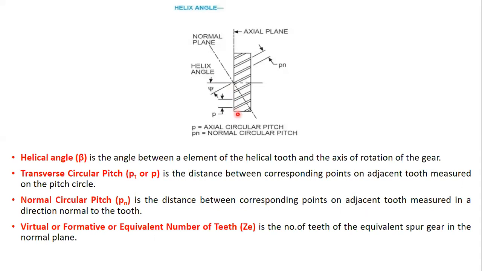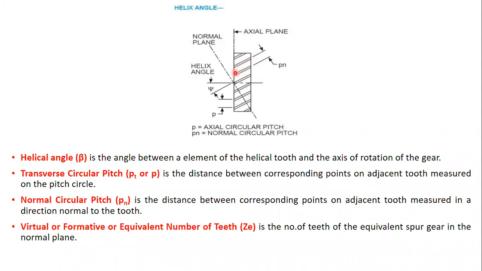This is the pitch circle. Transverse circular pitch is denoted by P or PT.